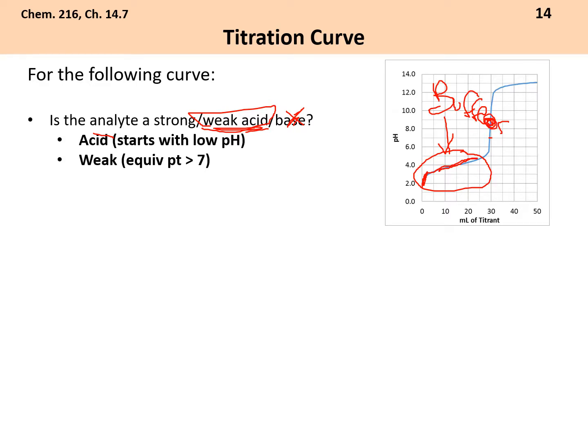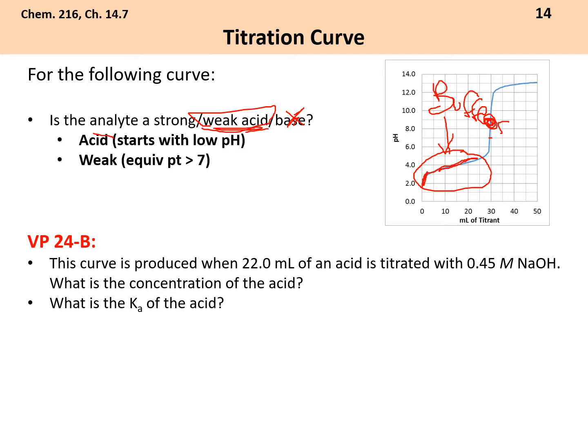All right, so now we want to know, based on this curve, we're told that 22 mL of an acid, we don't know which, is titrated with 0.45 molar NaOH. So this is my titrant. Use the curve to figure out the volume of my NaOH, and then use that to figure out the concentration of the acid. Then use this value right here, my midpoint, to figure out the Ka of the acid.